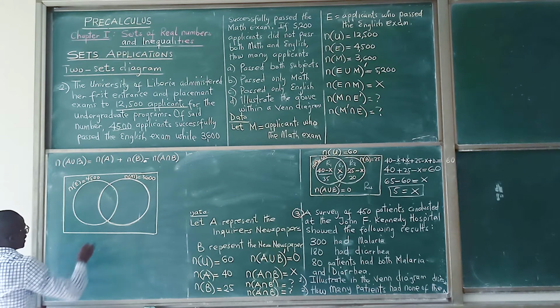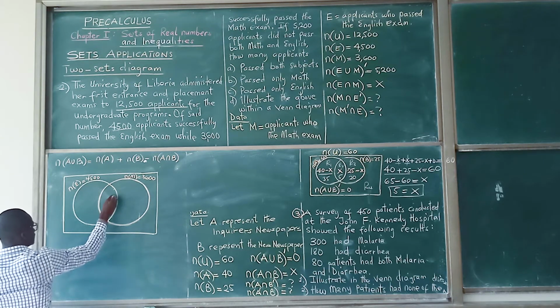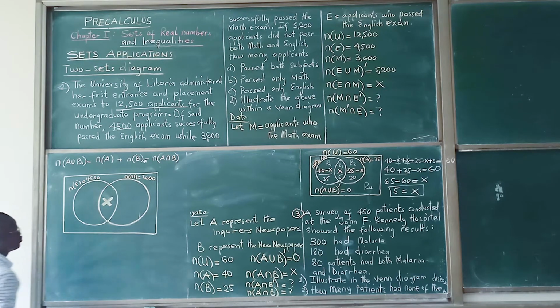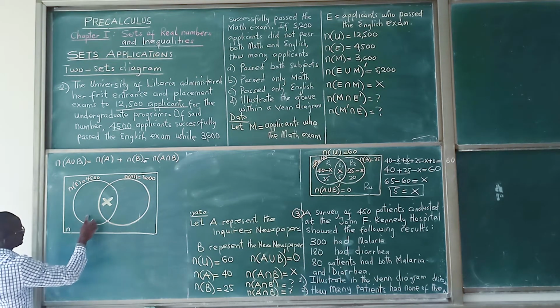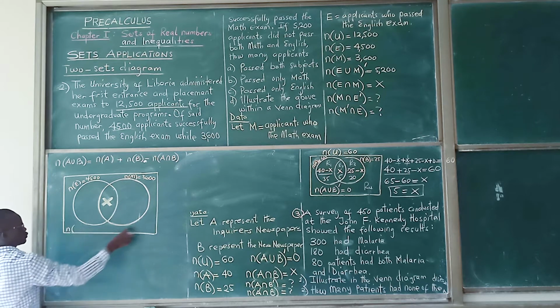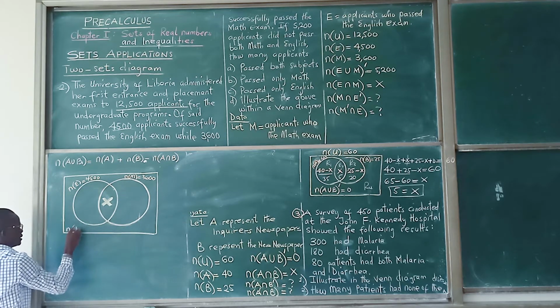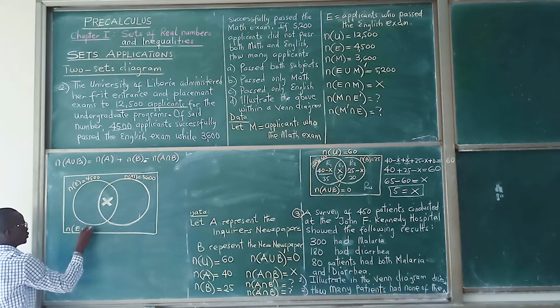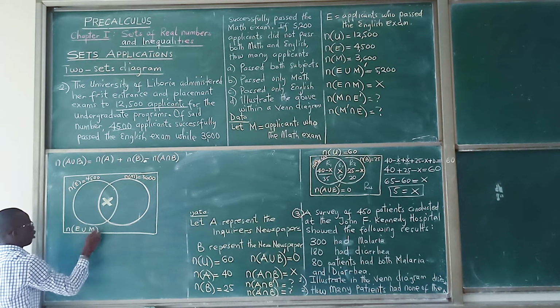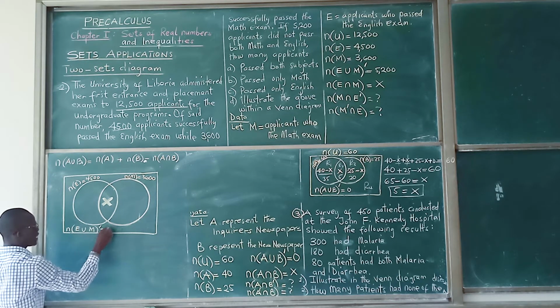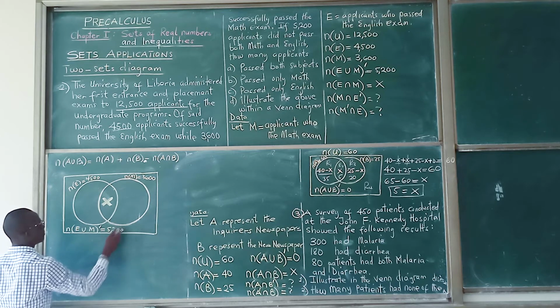The number of students that pass both English and math is unknown, which is x. The number of students that did not pass English and math, in this region, the complement of E union M, is equal to 5,200.